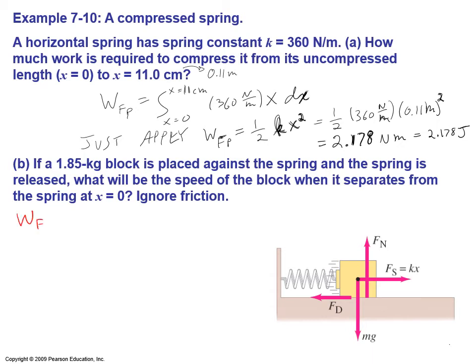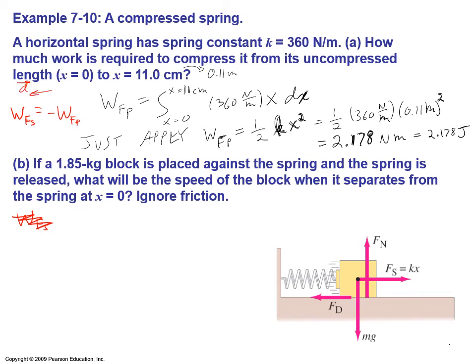So how much work was done by the spring? Let's start by looking at another way of talking about part A. How much work was done by the spring in part A? Well, it was just minus the work done by the force of the person, because the displacement is exactly the same.